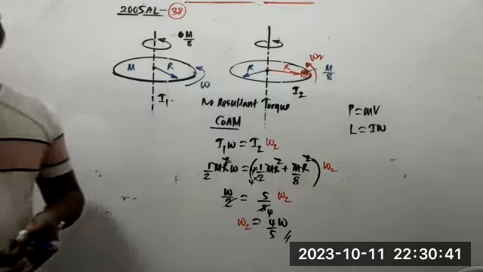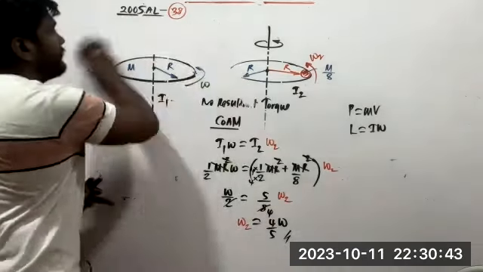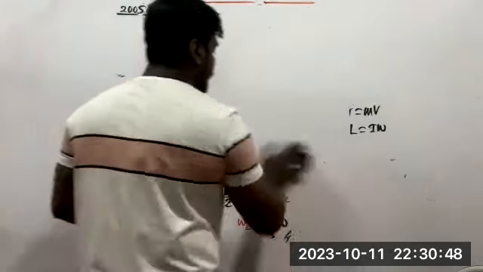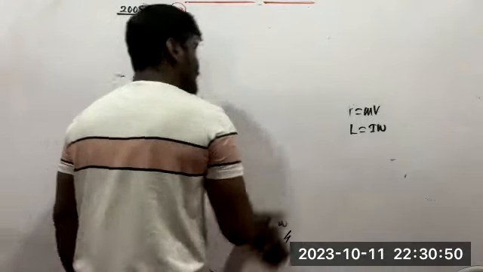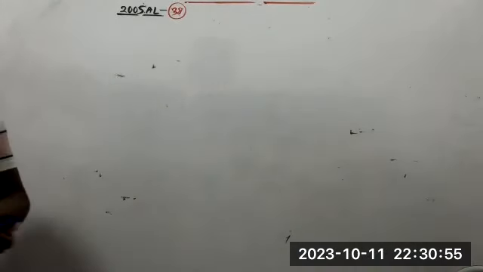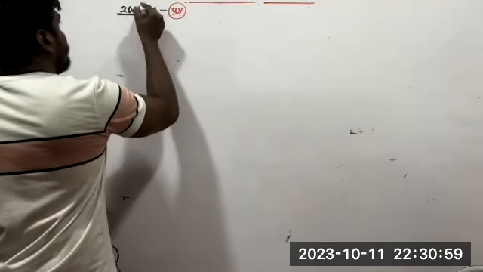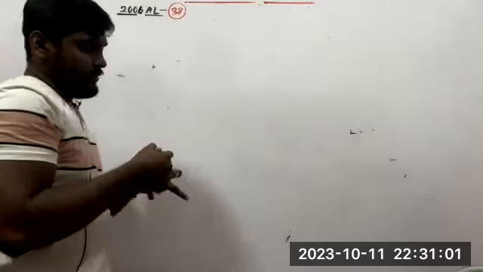Okay. Then we are doing hydrostatic basket, likewise with 2006. The question number will be 58.